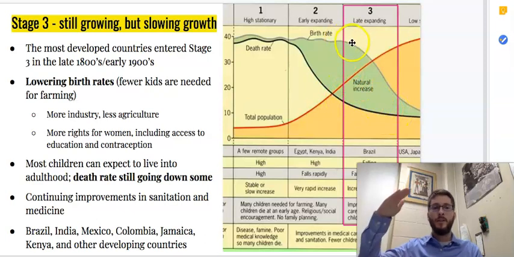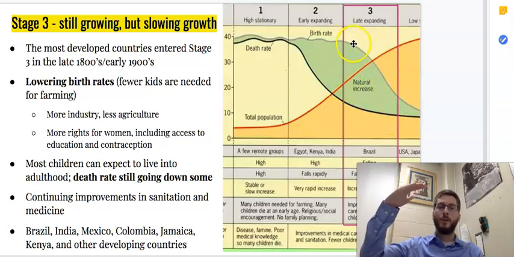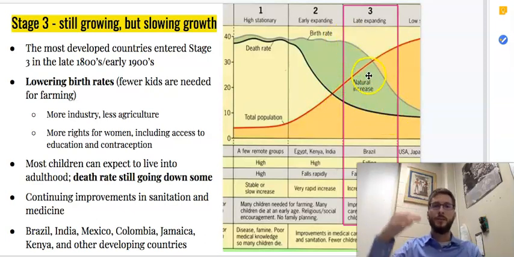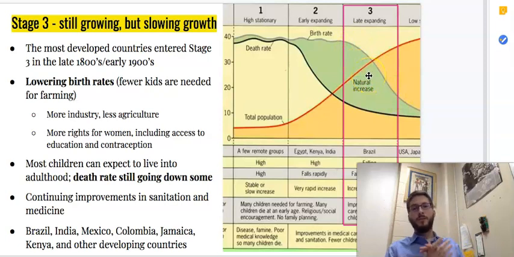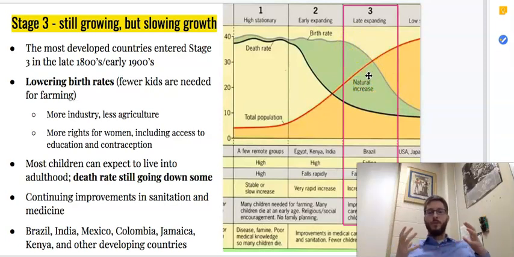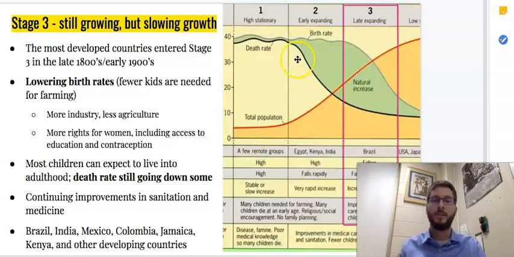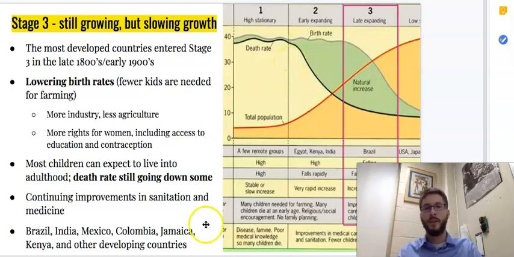But this is where the birth rate is starting to really go down. So population in stage 3 is still cruising pretty quickly, but not at the same rate that it was increasing during stage 2. All right. In the world today, you can see you have Brazil, you have India, Mexico, Colombia, Jamaica, all these different developing nations around the world where things are improving.